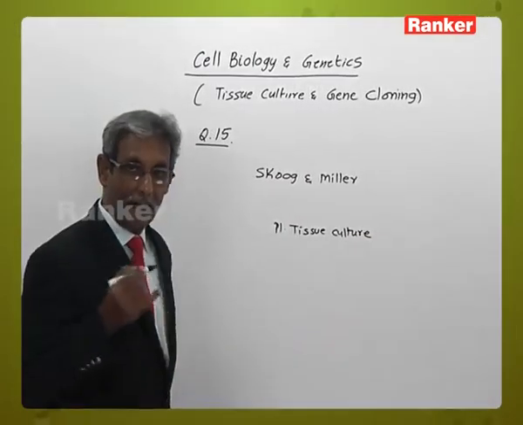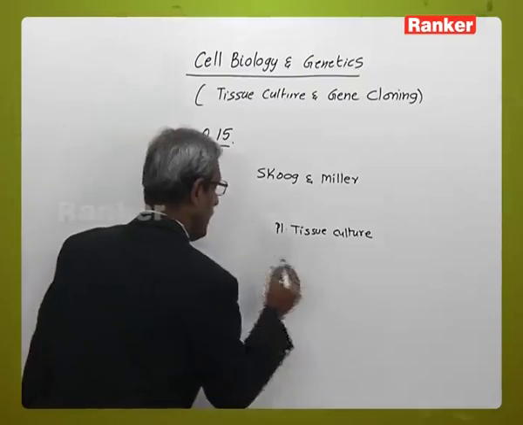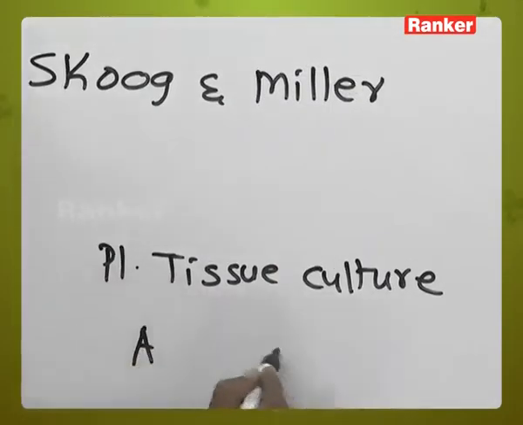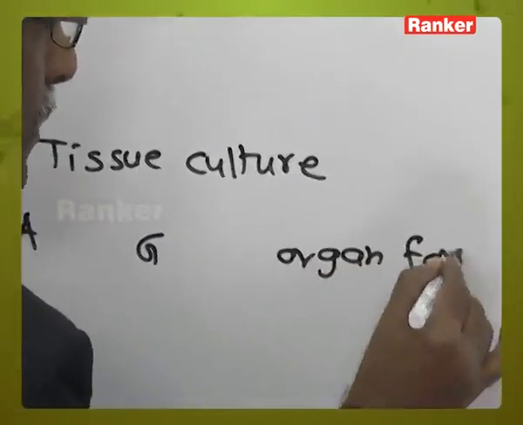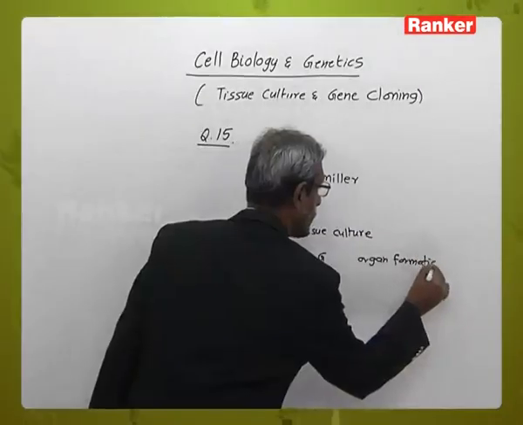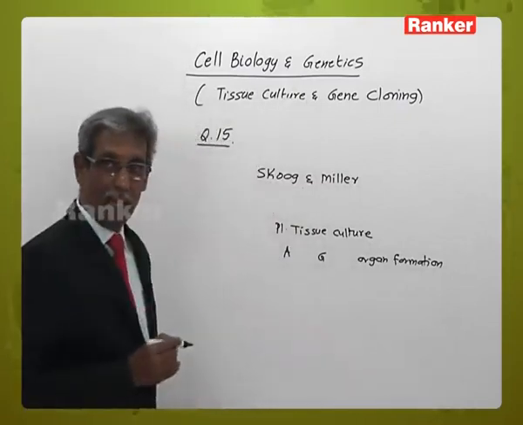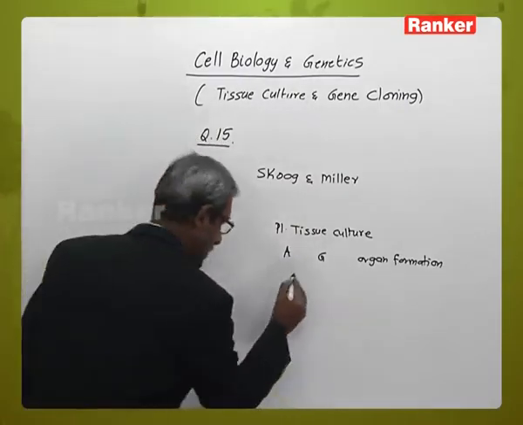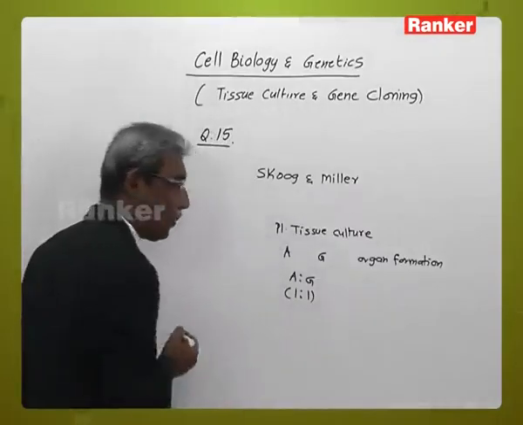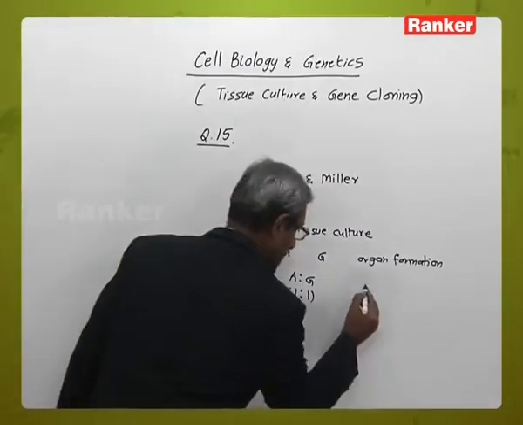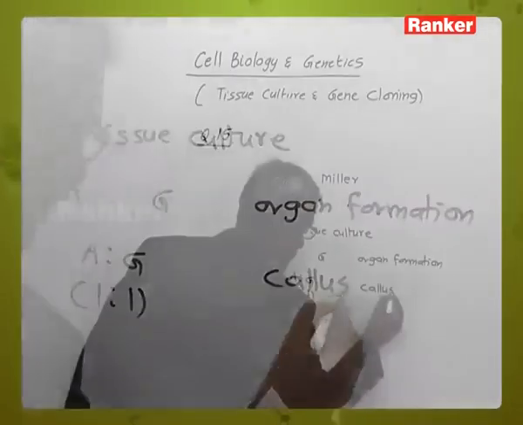They established the relationship between auxins, cytokinins and organ formation. Whenever there is a balance between the hormones, if it is equal, it relates to the formation of callus in a medium.